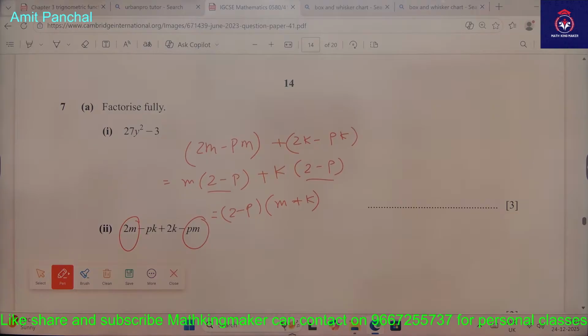Let me check it. I'm telling you the chapter number in which it is given.